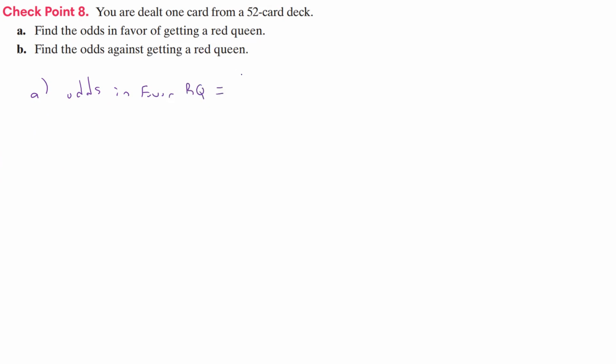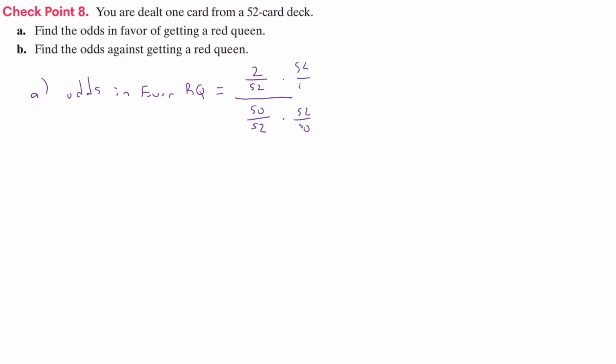So that's going to be the probability the event occurs. Well, how many red queens are there? Well, there's going to be 2 out of 52 for the probability the event occurs. Now, what's the probability the event doesn't occur? Well, that's going to be 50 divided by 52. Well, now we can do that in our head kind of, because when we divide this way, we're going to multiply by 52 over 50.